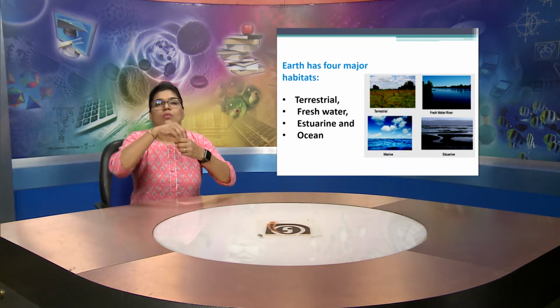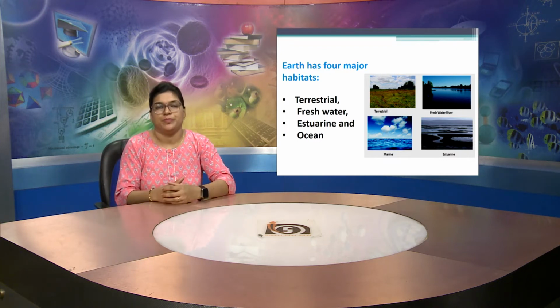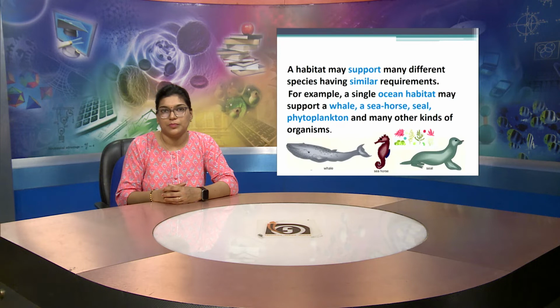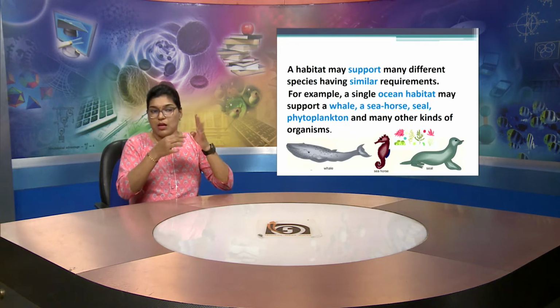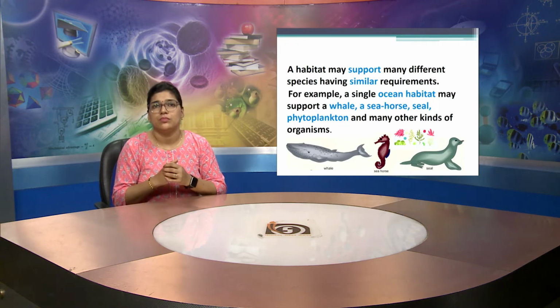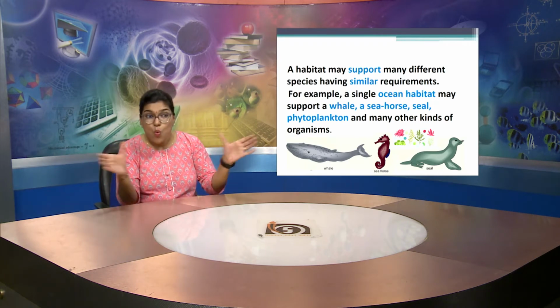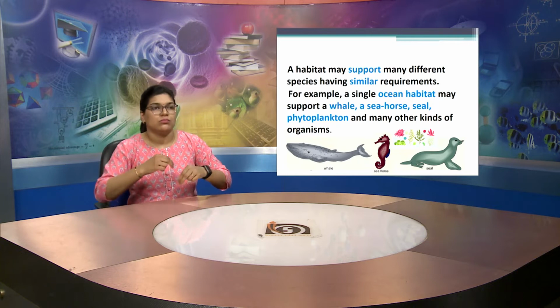Estuarine is having different rivers water mixed together, and ocean you all must be aware of. All these 4 features are important in any habitat.